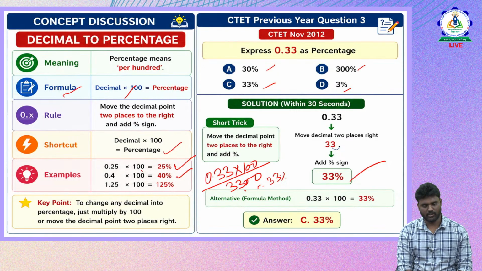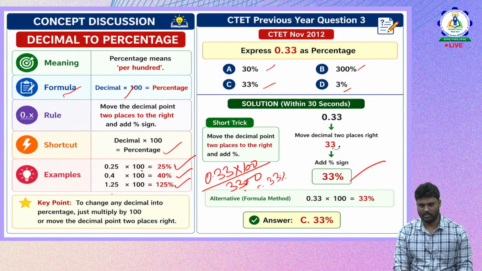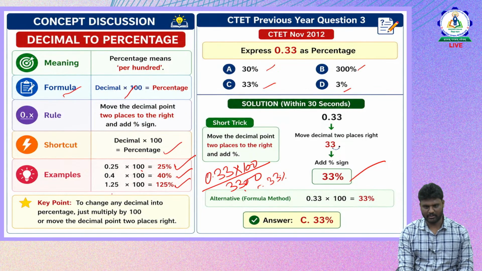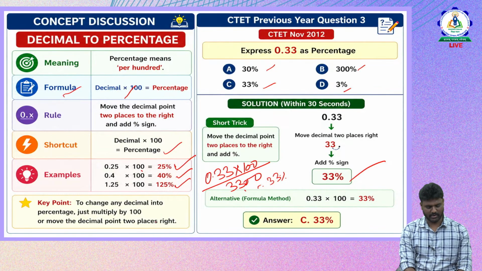Similarly, 1.25 multiplied by 100 becomes 125%. Always remember how many digits are after the decimal point; in the product we move the decimal point by that many digits from the right side, then add the percentage symbol. To change any decimal into a percentage, just multiply with 100, or move the decimal point two places to the right.